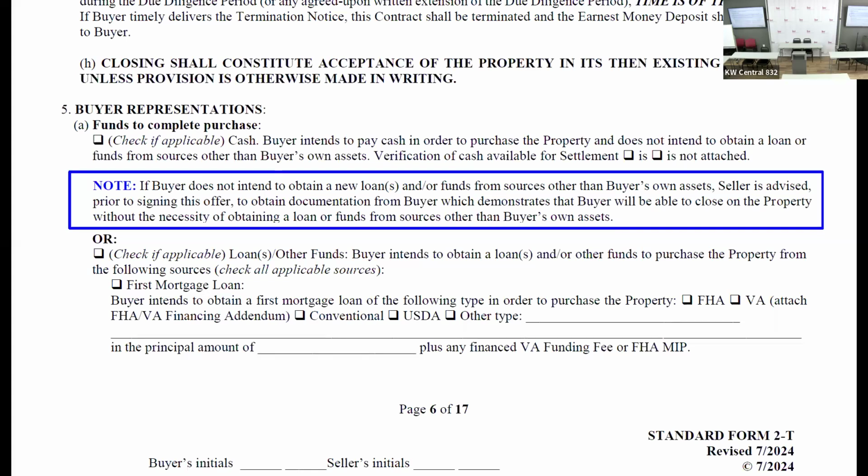The ability to obtain a loan has to be disclosed so that the seller can make an educated decision on whether they want to accept this contract or not.